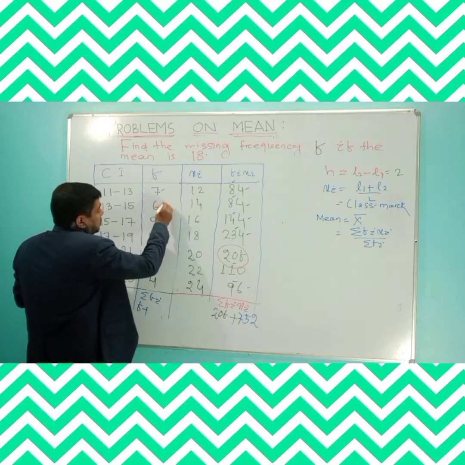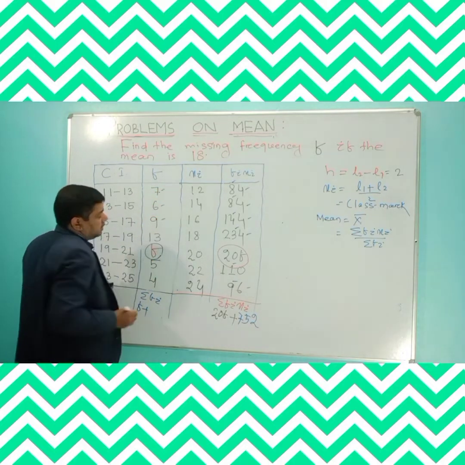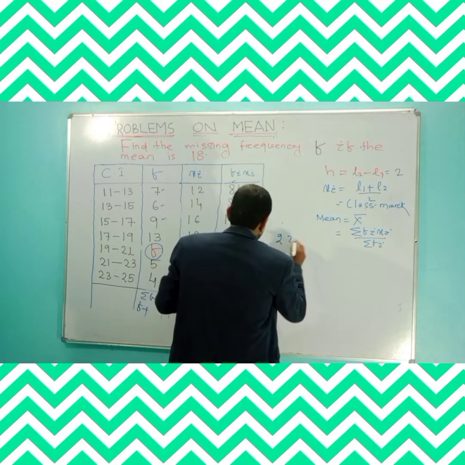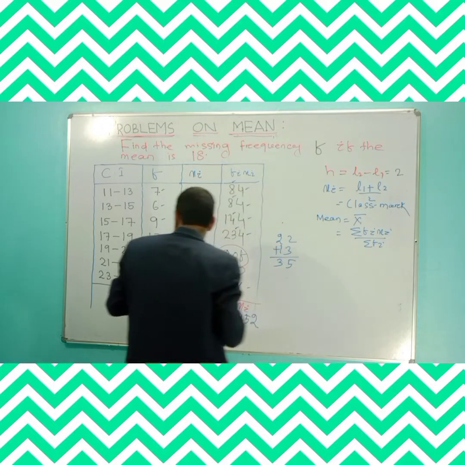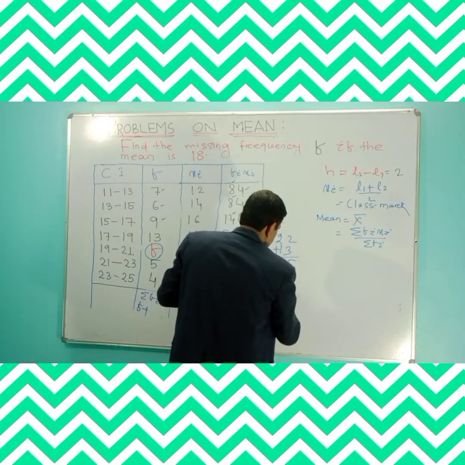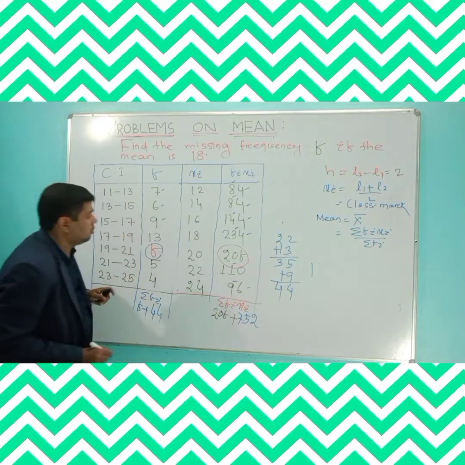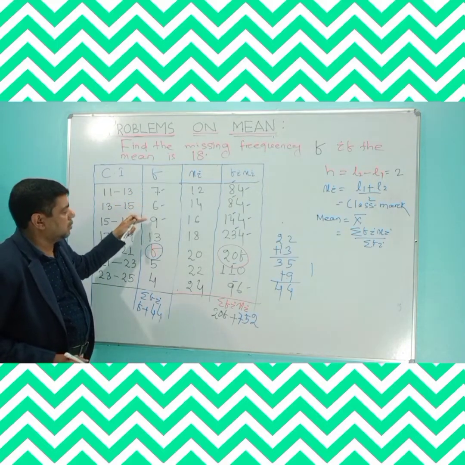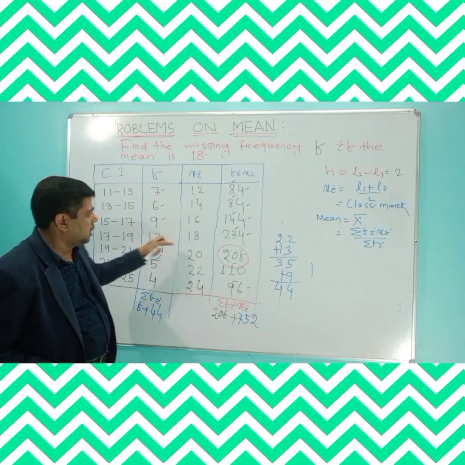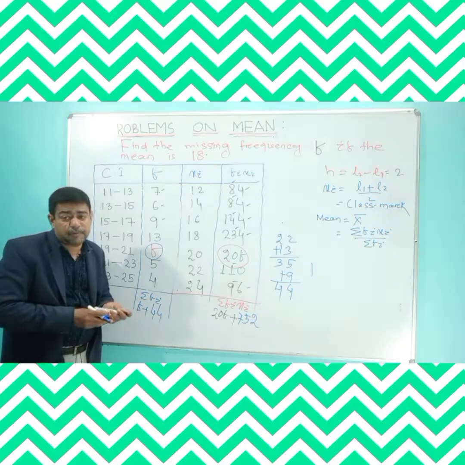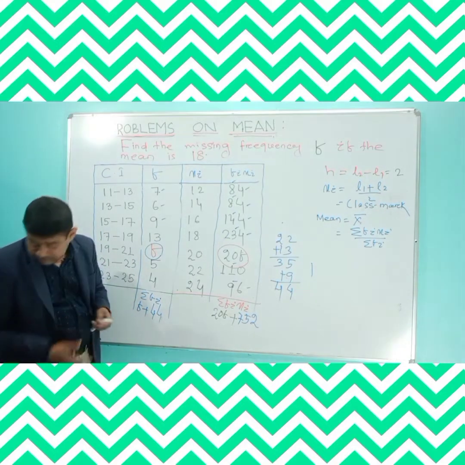Then 7 plus 6 is 13, 13 plus 9 is 22, 22 plus 13 is 35, 35 plus 5 plus 4 is 9, which is 44. So we got the sum of fi as f plus 44.